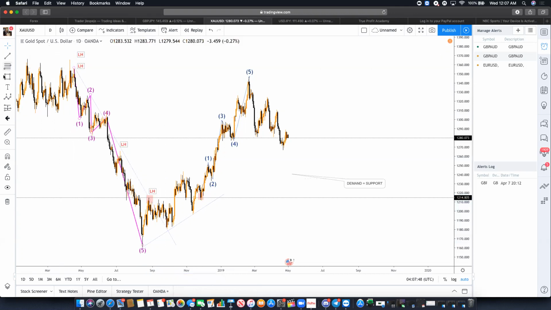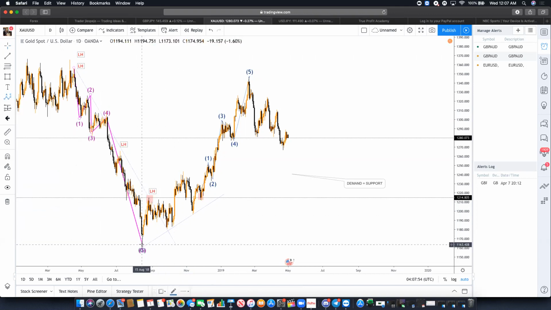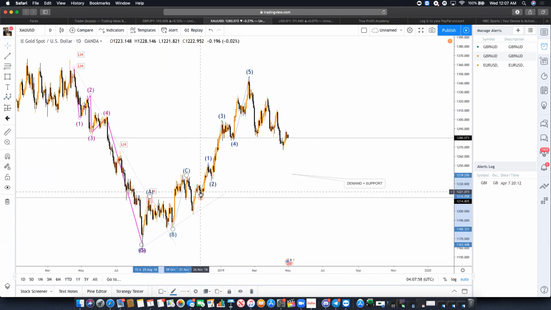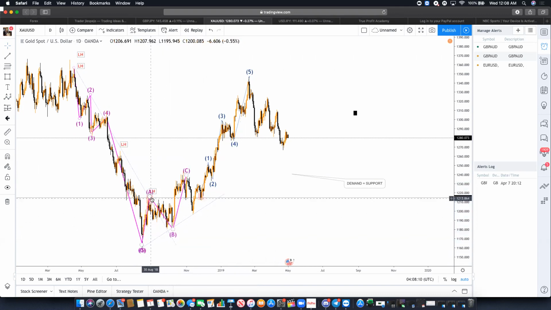So we have that. That's your impulsive waves, right? Now we're going to work with the corrective waves. We have 0, A, B, C, right? The market dropped to confirm the uptrend. The market shot up after that. You see that?